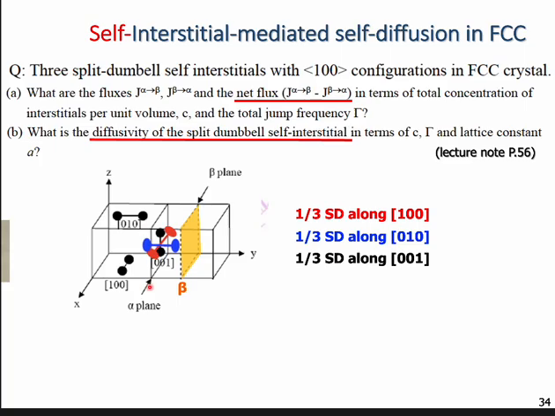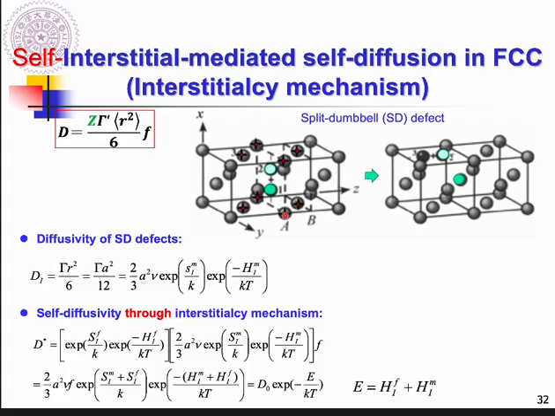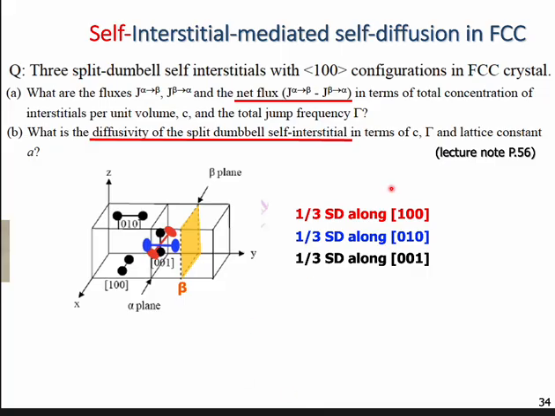If I use this as the alpha plane, then that would be the more familiar case I have learned. And as long as this is alpha, then the nearest plane can be beta. So the nearest plane with the lattice point will be at the center. So I will choose here as beta.